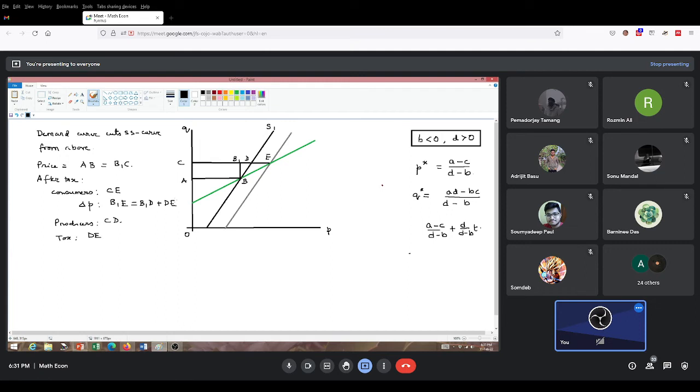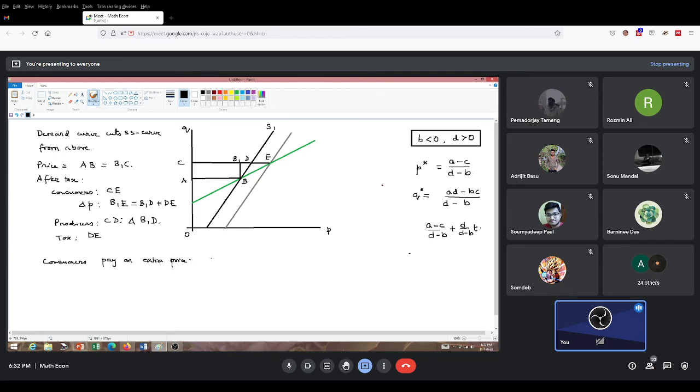Okay. The producers, are they gaining? Producers are also gaining. How much is their gain? They were getting B1 before, now they are getting D. So producers are gaining by B1D. So consumers pay an extra price.